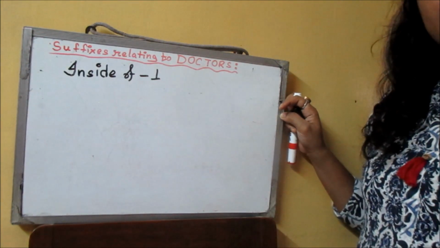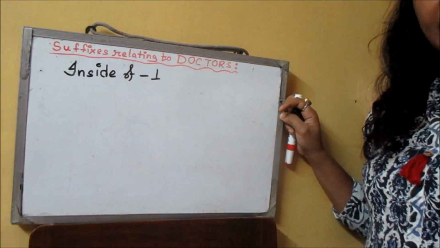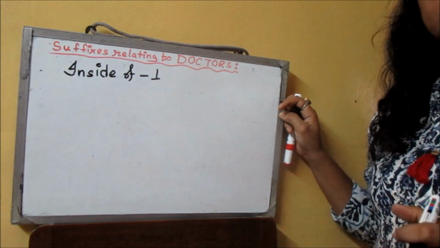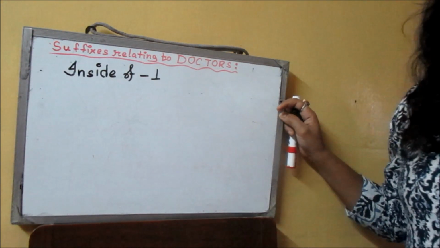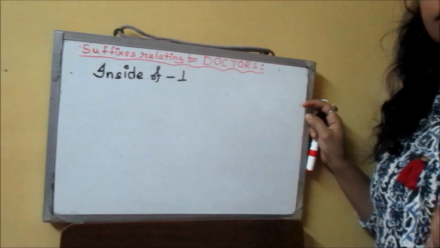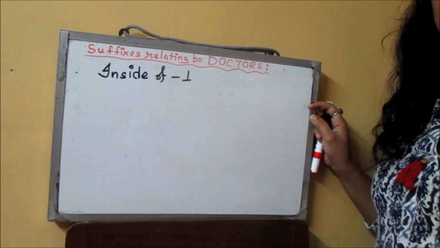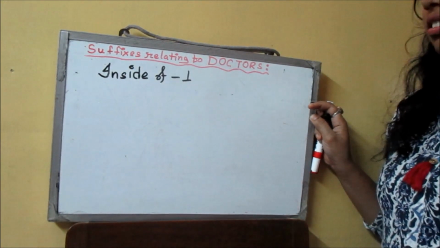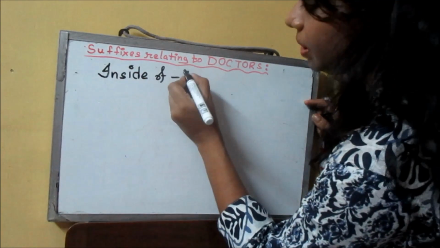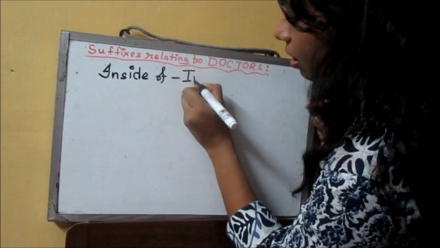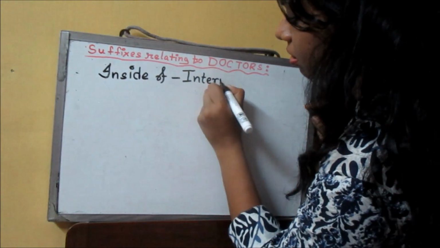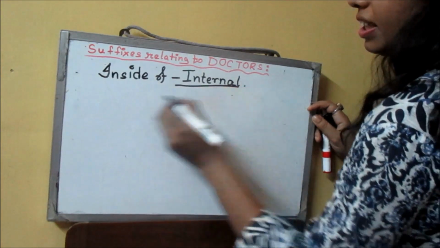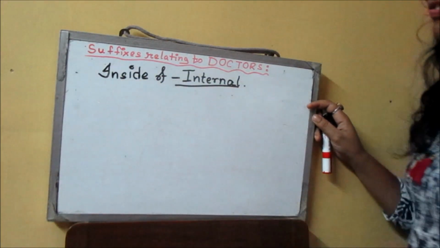All these are internal organs, while nails, hair, nose that we can see externally are all external organs. Like the skin is an external organ, but the digestive system, the urinary system, the nerves, everything is internal, right? So first we will be dealing with the topic internal. Internal means inside of.